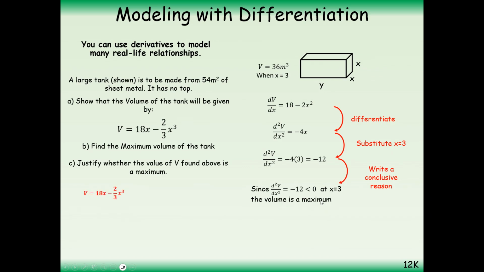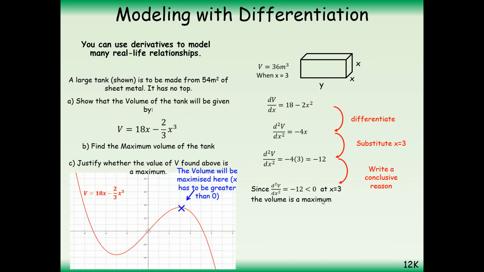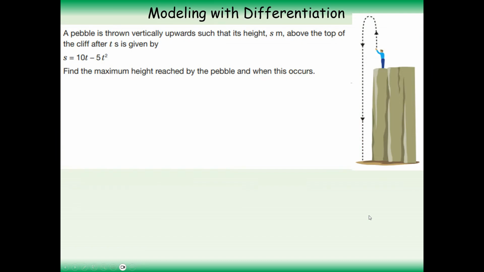You can also check the graph, and you can substitute the value of 3 back into the volume function to find the actual volume, and you will find that the volume will be 36 meters. But that's not what we were asked to find, so I didn't bother substituting it back.